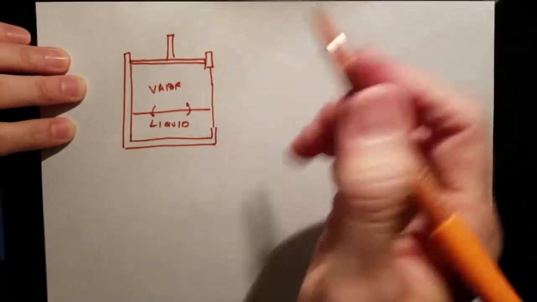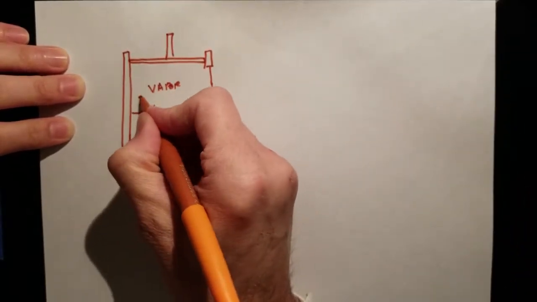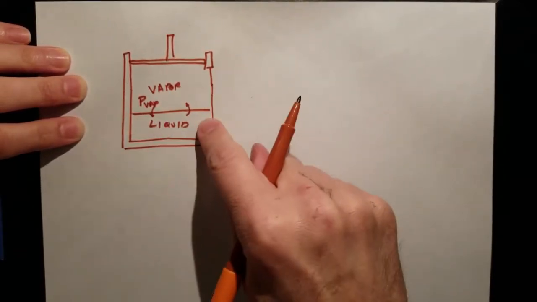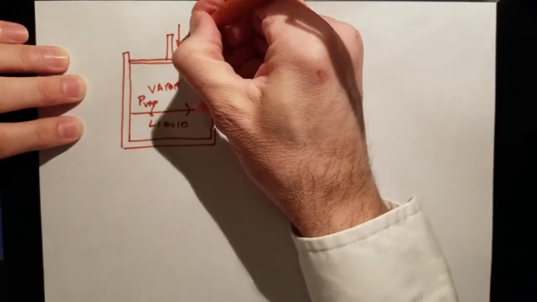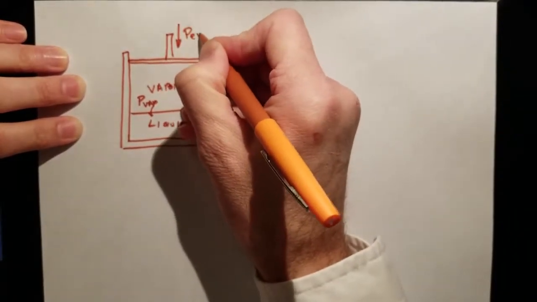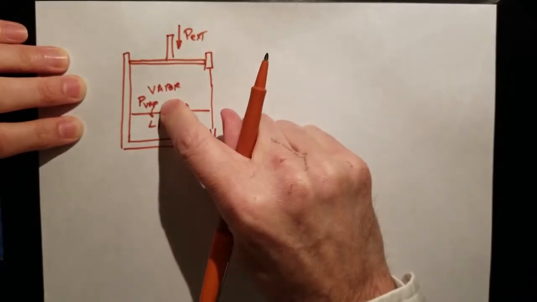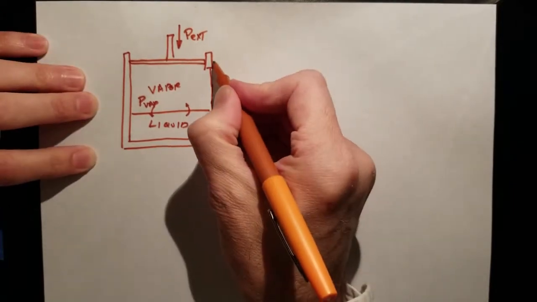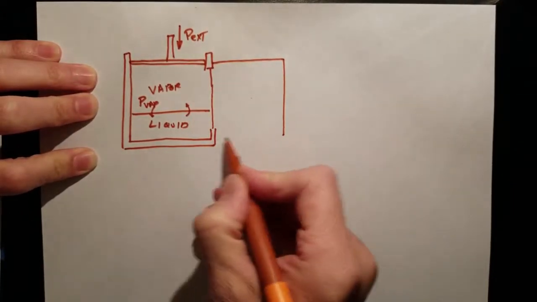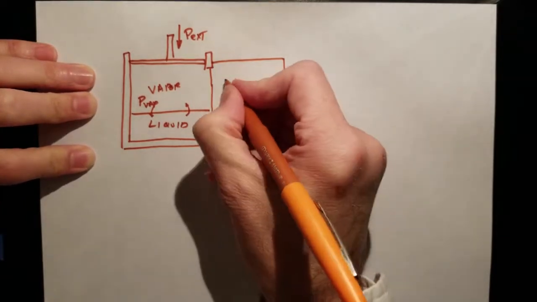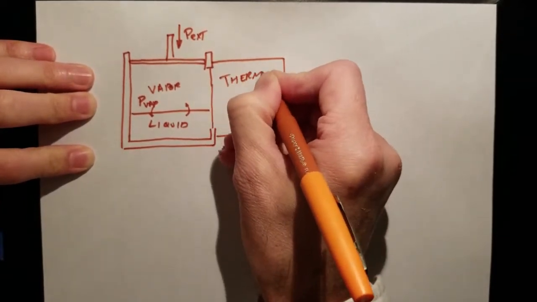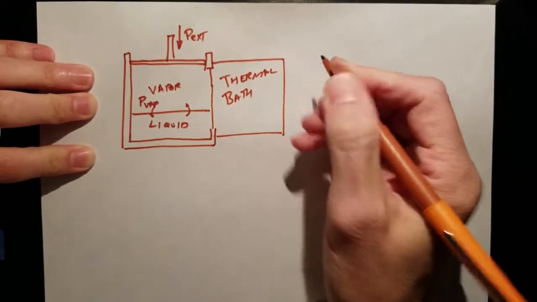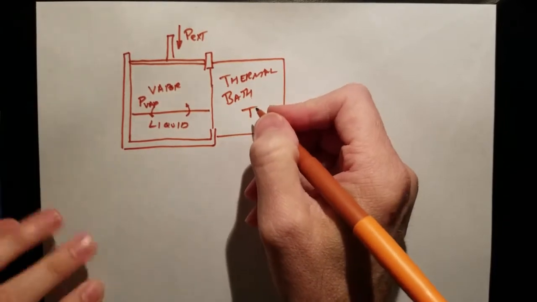With this vapor, there's a vapor pressure. And if this vapor is in equilibrium with outside, then the external pressure is equal to the vapor pressure and the system's in equilibrium. Now I drew this also to be able to add a thermal reservoir, or a thermal heat bath, and that's at some constant temperature.